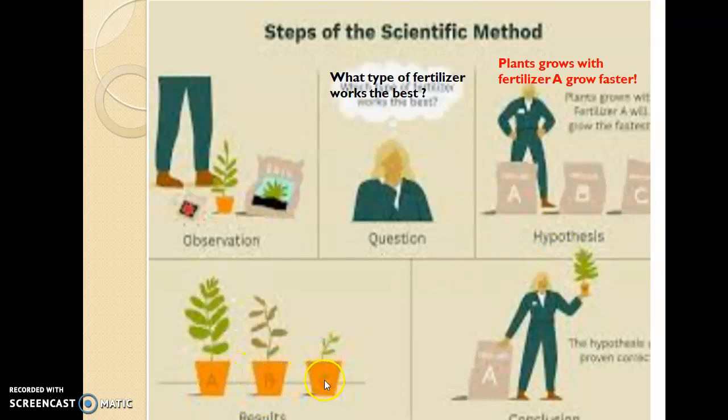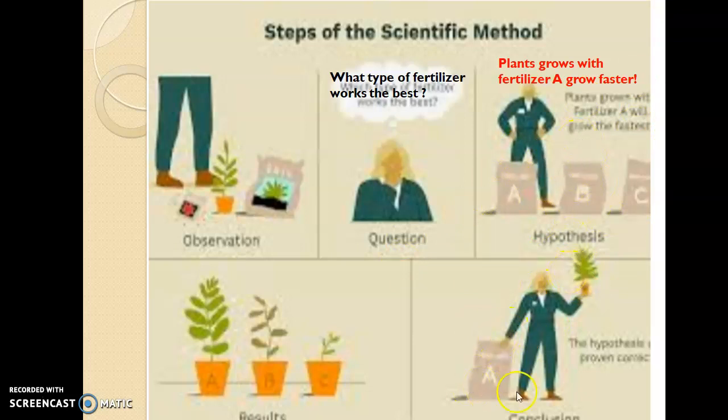So this is the test, and he got the result, and based upon this result he made a conclusion or a theory. We can say that a theory, that means the hypothesis he developed, that the plant grown in the grow bag containing fertilizer A will grow much better than B and C. So he got the same result as per the hypothesis.